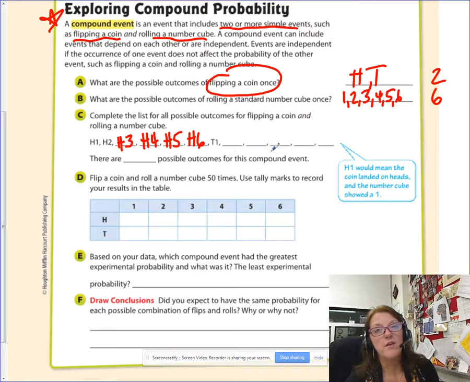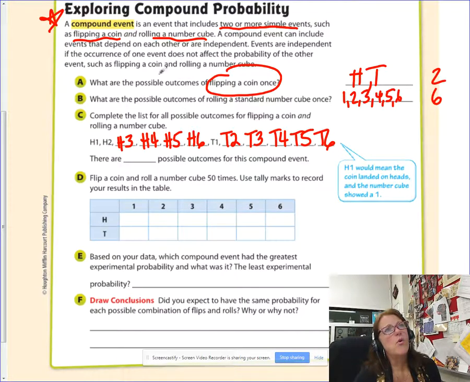Or if you flipped your coin and got tails, then you combine that with a die roll of 1, 2, 3, 4, 5, or 6. So when you take into account all of those combos, take 2 times 6 and you end up with 12 possible outcomes. Okay.